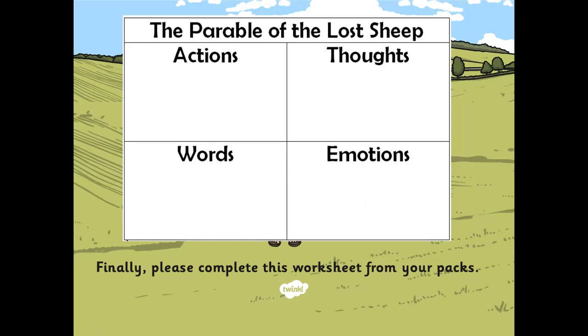So in this parable, you're going to be thinking about what actually happened, the actions, the thoughts of those involved, the words that might have been said by the shepherd, and the emotions of the characters in the parable.